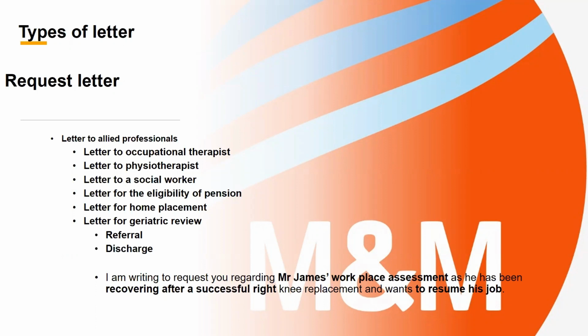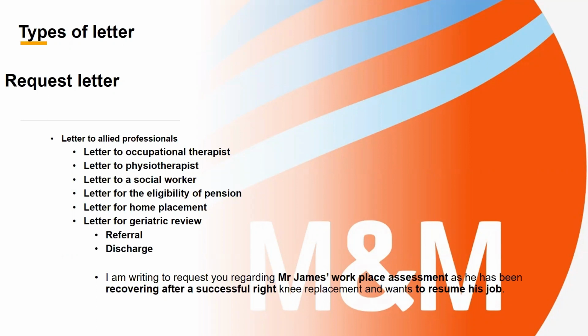Then we can also see the letter written, let's say, for pension care, right? So in case we are writing a letter for the eligibility of pension care, let's say there is a patient who is a veteran, and we are writing this letter to the Department of Veteran Affairs.